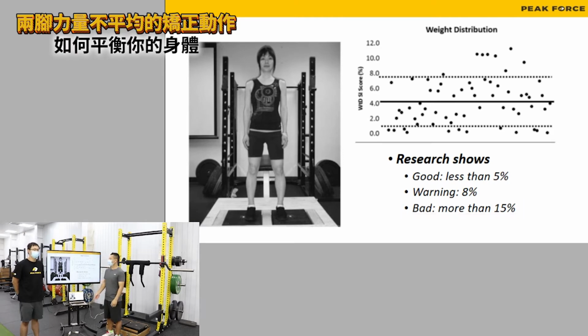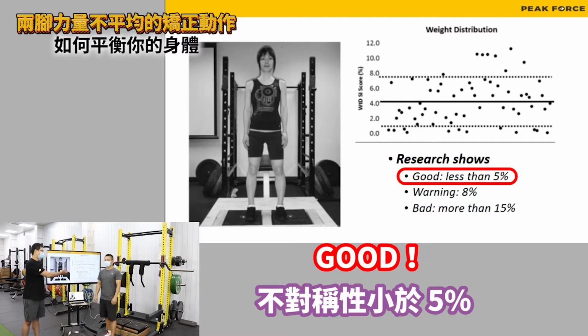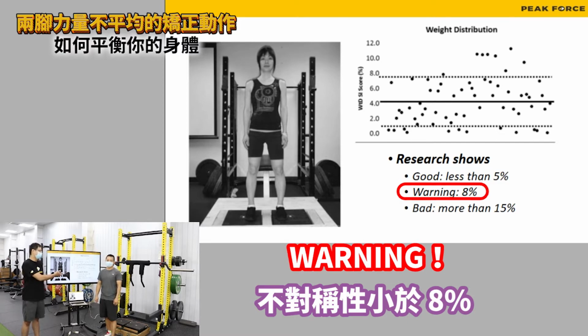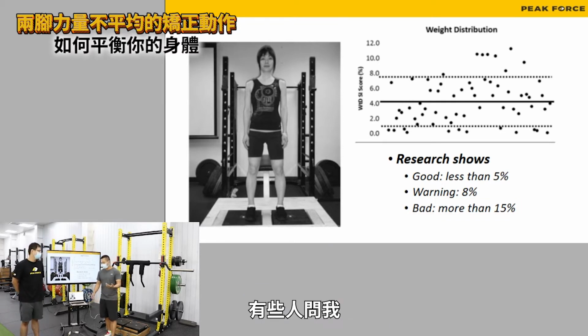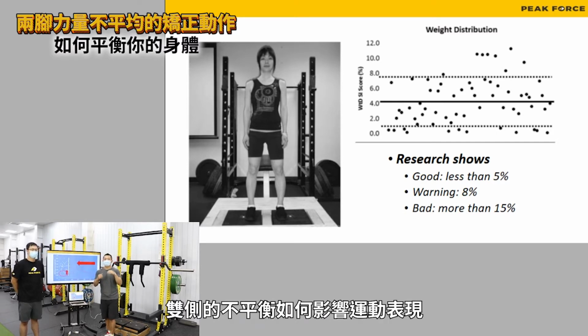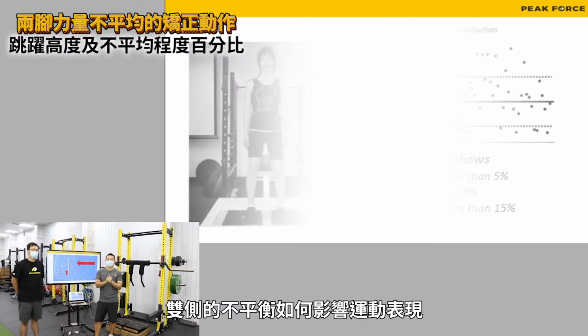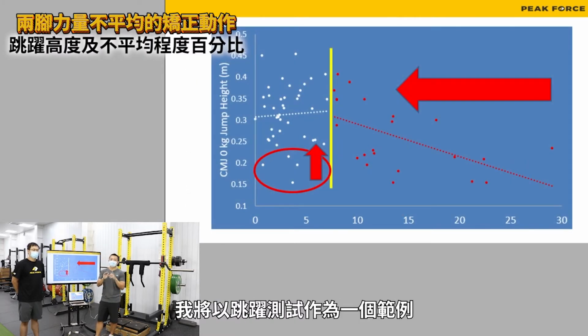And I had some people asking questions about how does that asymmetry really influence the performance. So I'm going to actually use one example from the jump testing.